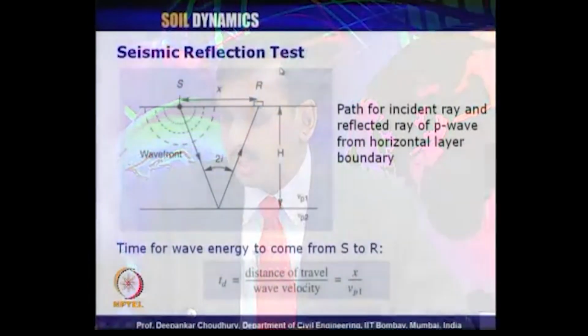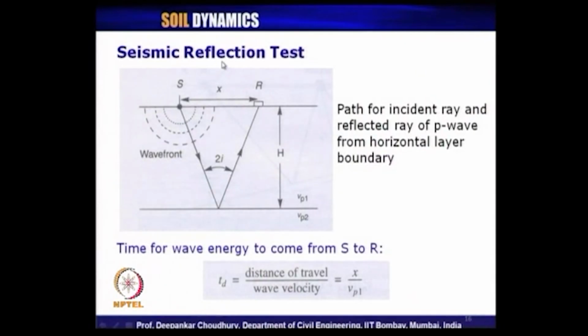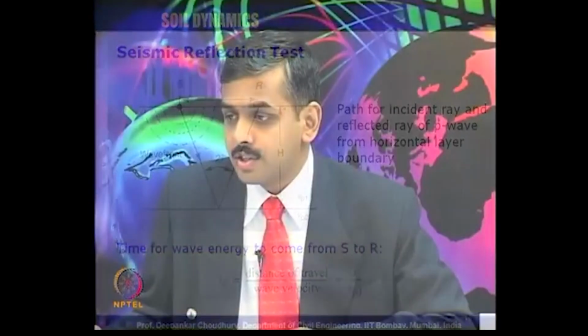Now let us come to the major criteria or characteristics of various direct tests. The first one is seismic reflection test. As the name suggests, here we use the principle of reflection of waves. We have seen wave propagation, the three components: incident, reflection and refraction. So, here the concept of reflection of waves is used.